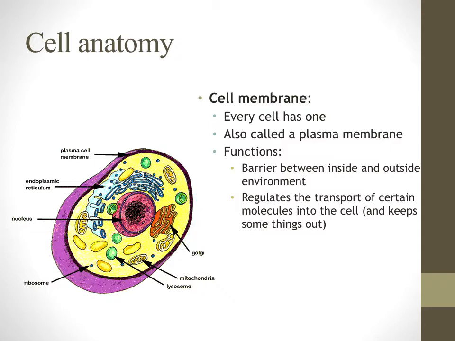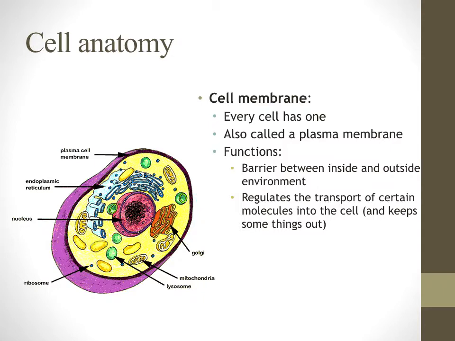But all of the cells, no matter which ones we're talking about, are going to have an outside membrane, a cell membrane. This is also called a plasma membrane. And if you think about a cell as a bag of jelly, this is the outside bag. This is the outside of the Ziploc bag that's holding everything together. It's creating a barrier between the extracellular or interstitial tissue or space and the inside environment of the actual cell.